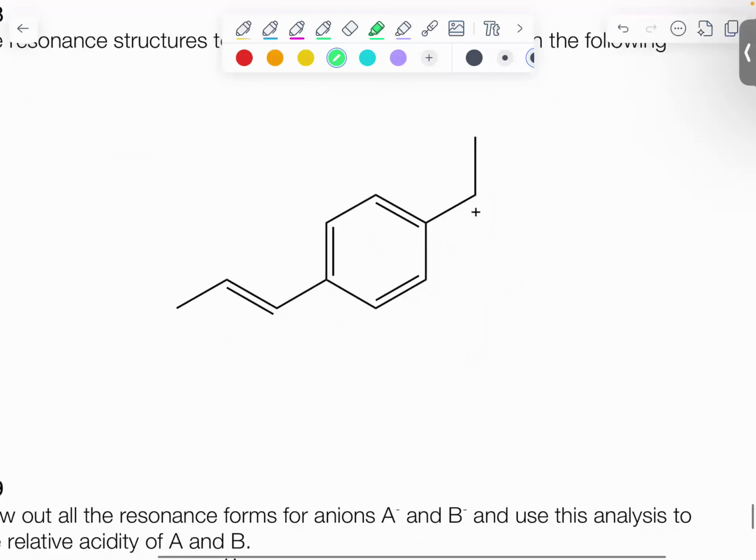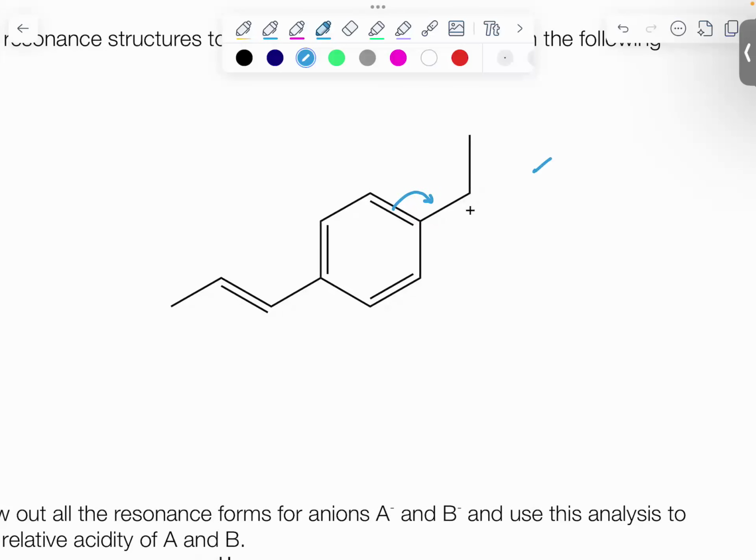With this one, we have this cation, and the only bond in distance is this one. So that will be our first step. We can add in all of the things that we didn't change, our new double bond, and our new electron vacancy.